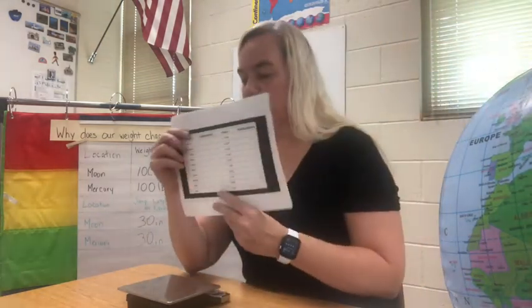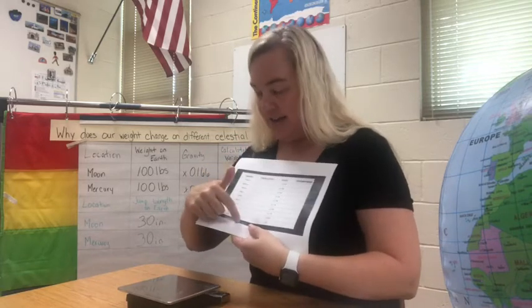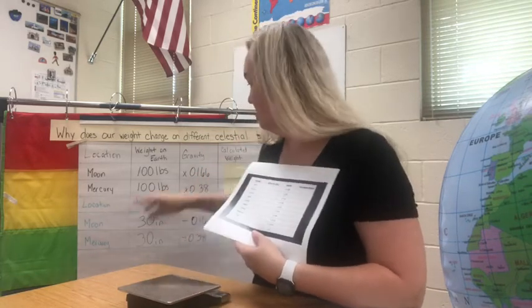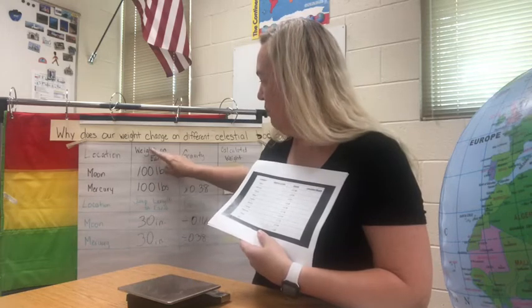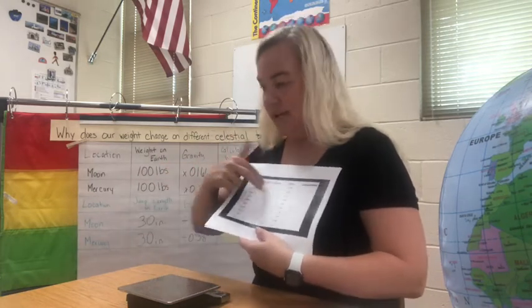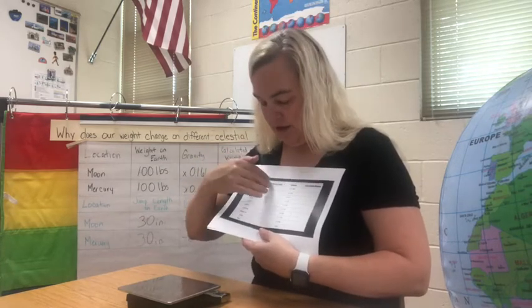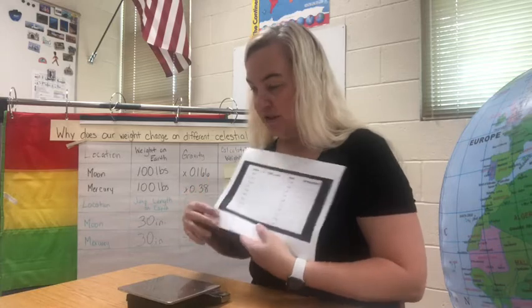So on my chart, where it says here weight on Earth, on all of these, I'm going to put 100 pounds. And I put that over here, weight on Earth, 100 pounds, 100 pounds. Now we're only going to do 2 together right now. You'll do the rest of these after class.